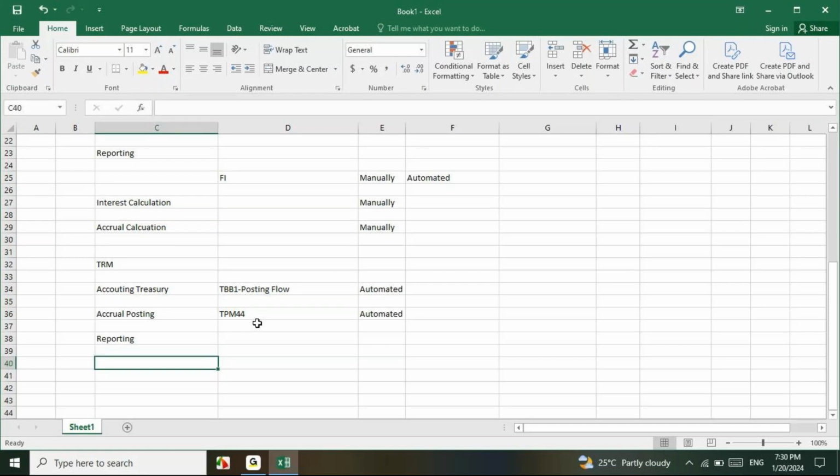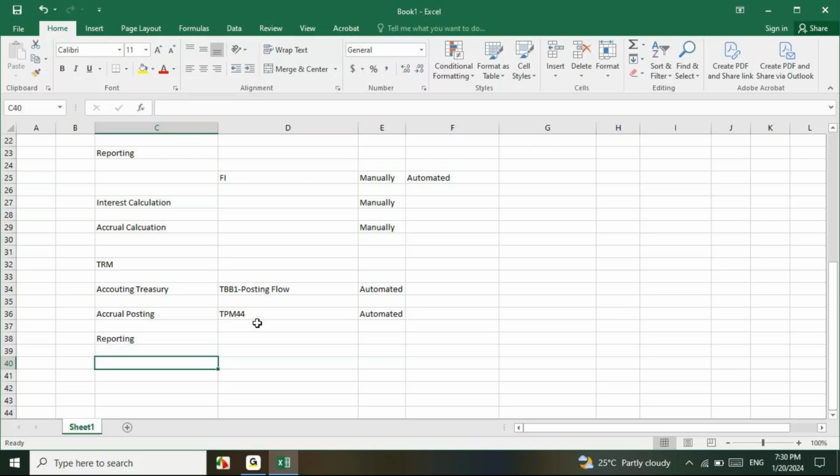And most importantly, if you implement the treasury module, you can also implement the SAP treasury organization structure, like the front office, middle office, and back office activities. Example here, what do you mean by this organization structure?